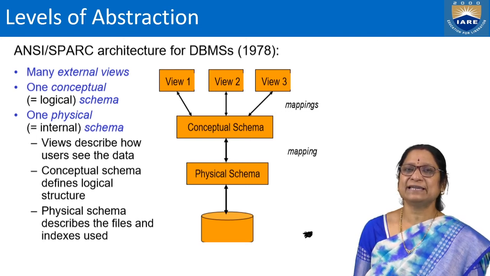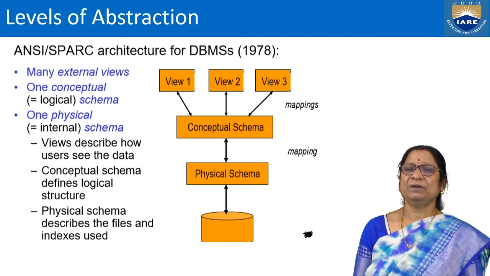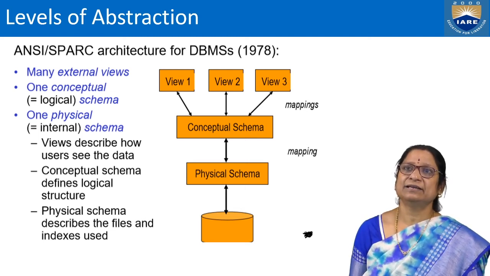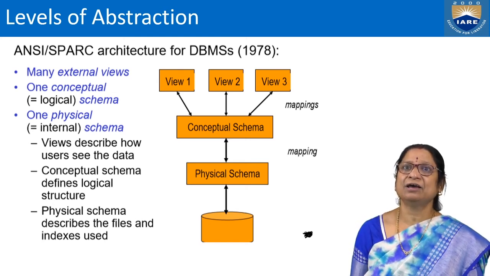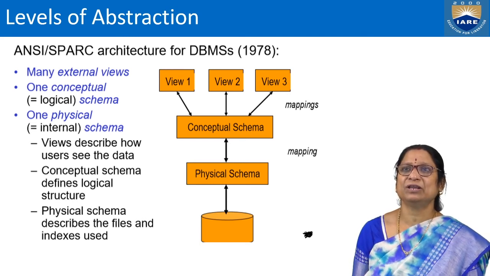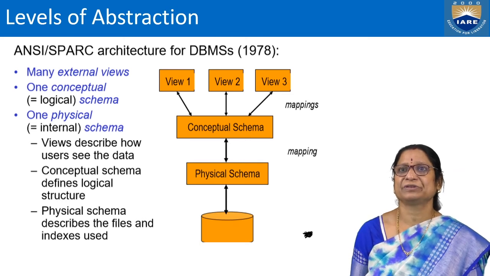You may call the conceptual level the logical level. The last one, we may call the view level or the external level. Internal, logical, external, or physical, conceptual, view level. 3 levels are there actually.